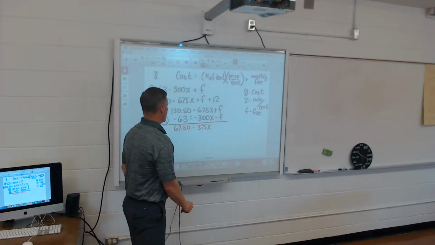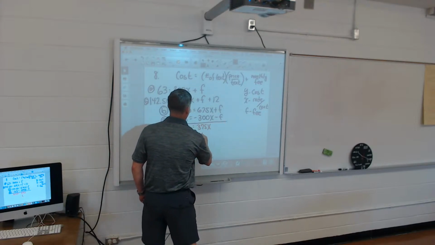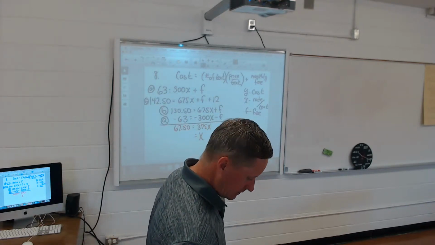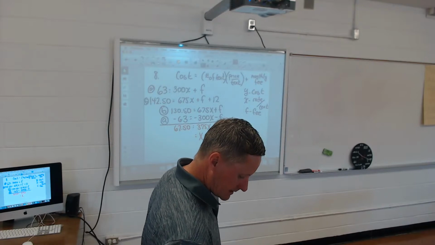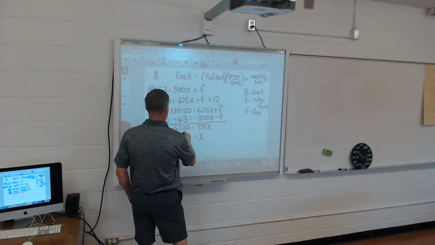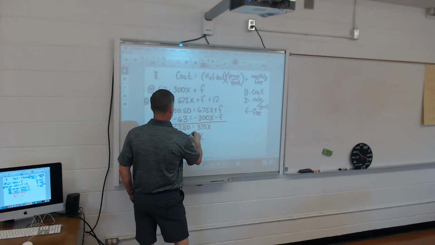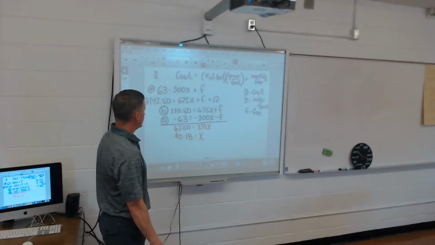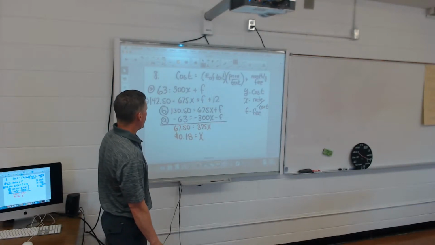My fees cancel out. I divide to find out how much a text costs, and I have a text costing 18 cents. So I have 18 cents per text.